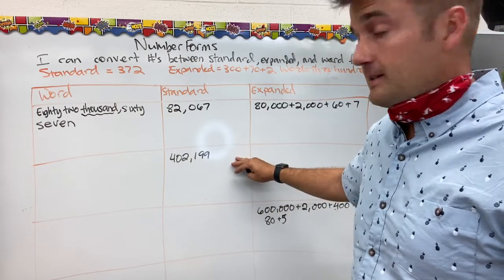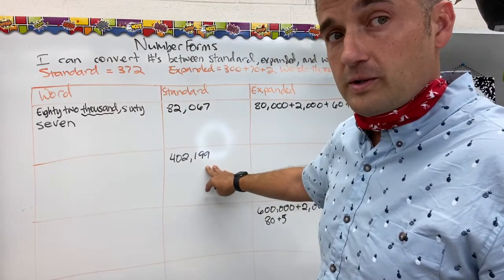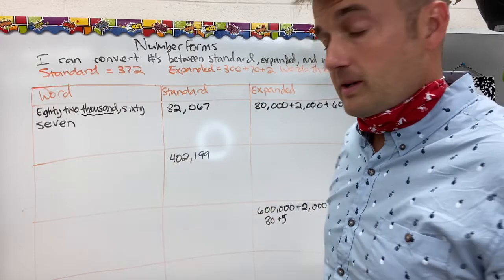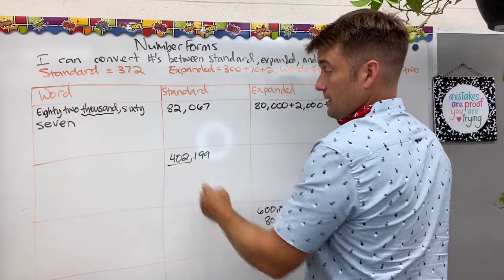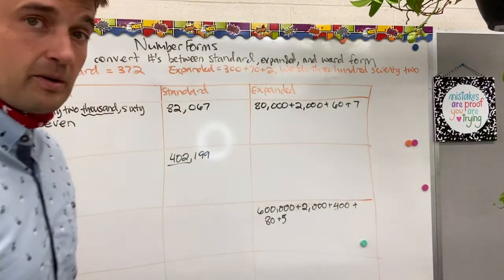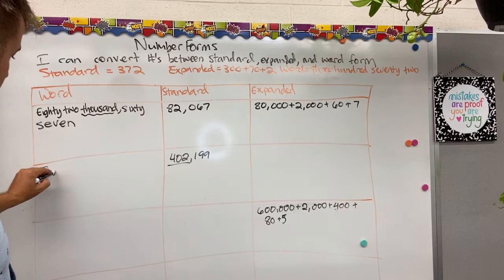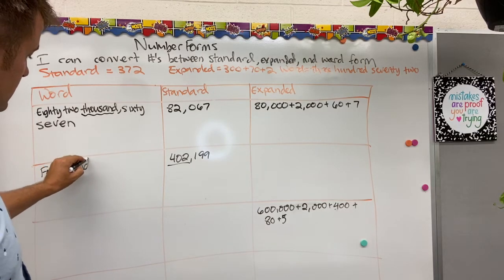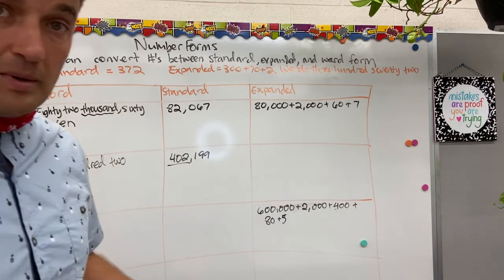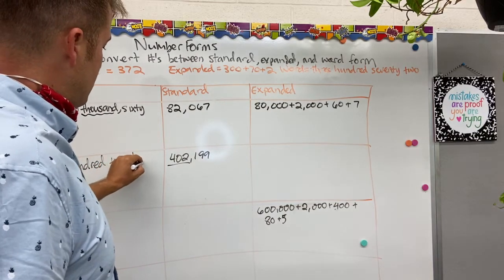Next one down, standard form, 402,199. I need to take that into word form. So I'm going to start with that period, and I'm going to write that first. These numbers, if they were by themselves, would just be 402, and then the name of the period is the thousands period. 402,000.